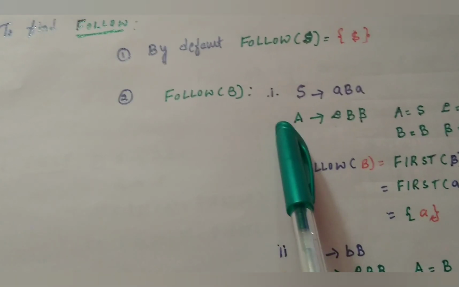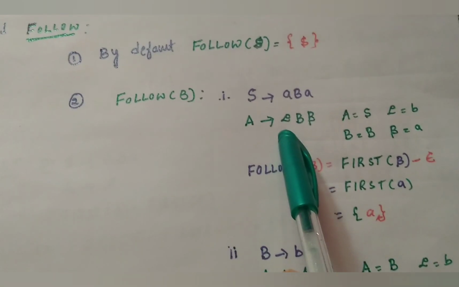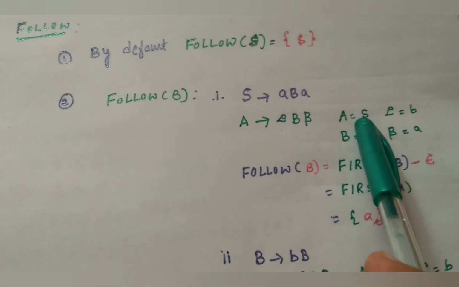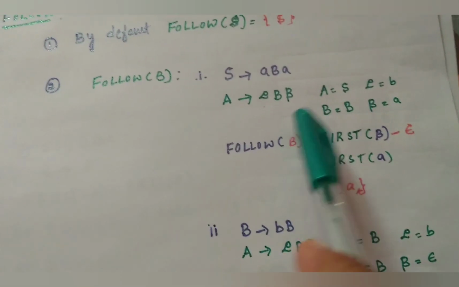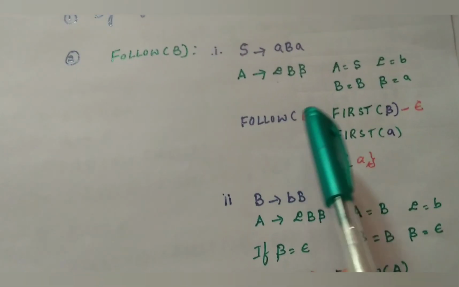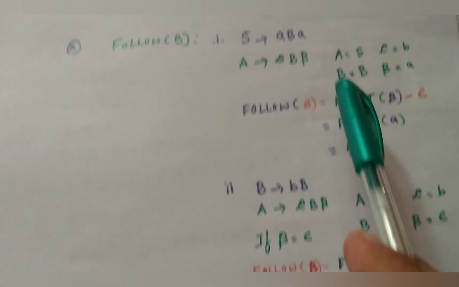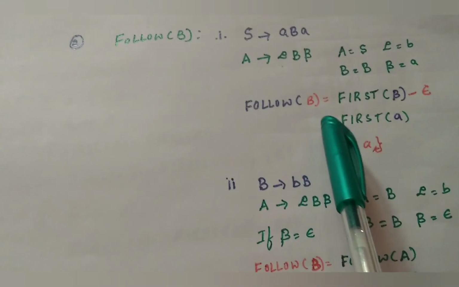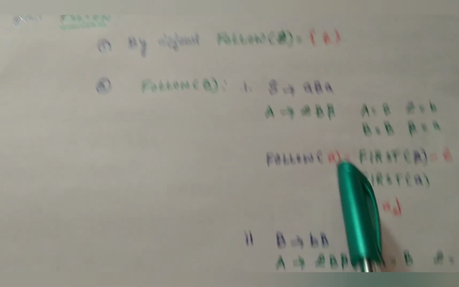So I am supposed to find follow of B. In this case, my A is equal to S, alpha is equal to a, B is equal to B, beta is equal to A. My follow of B is equal to first of beta minus epsilon. First of beta is nothing but first of A. First of A is nothing but a itself. That's why my follow of B remains a.